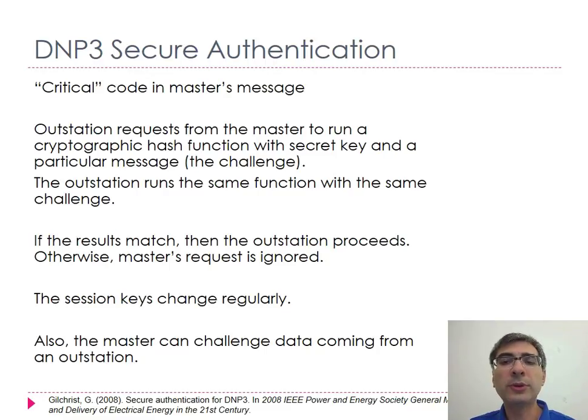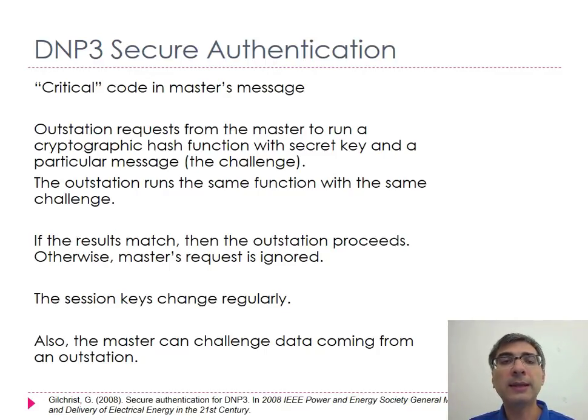DNP3 has progressed significantly since the 90s when it was first designed. There is in fact, for cybersecurity specifically, the secure authentication improvement of DNP3. In the secure authentication, the master can include a critical code in the message.